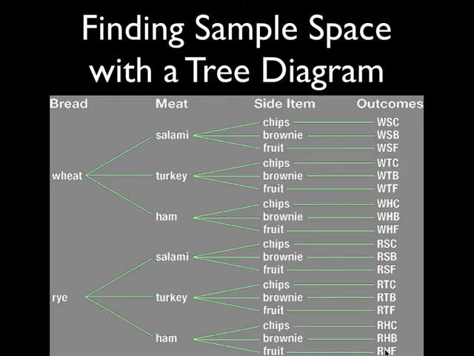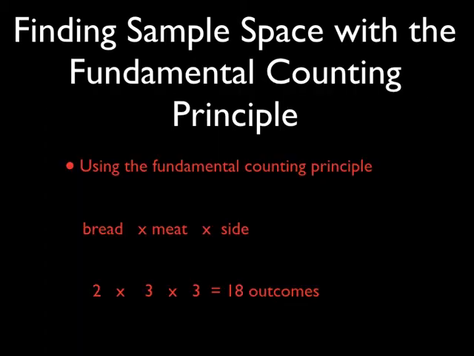But in a tree diagram, you are very specific as to what those possible outcomes are. Another way to identify your sample space is using the fundamental counting principle. This is way too easy when you are just asked for the total possible number of outcomes. So you just multiply the total possible choices for bread, which is 2.